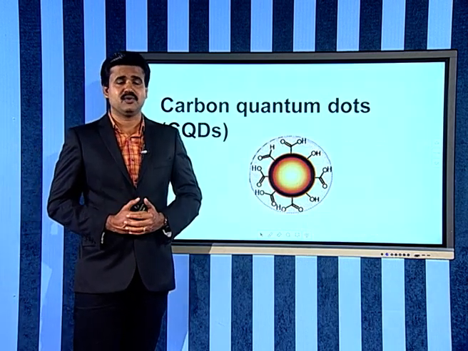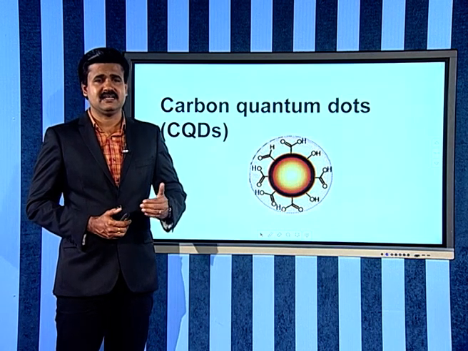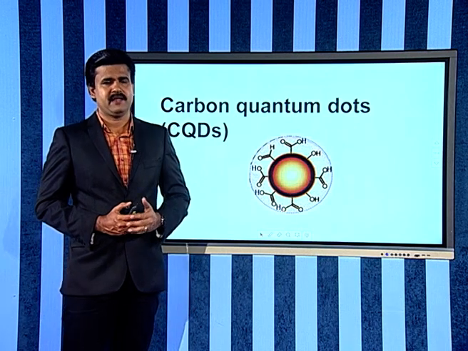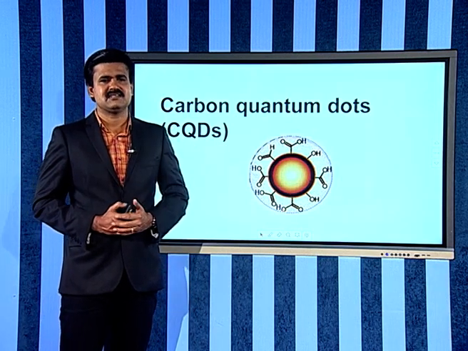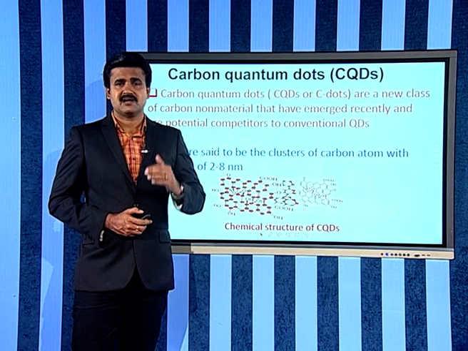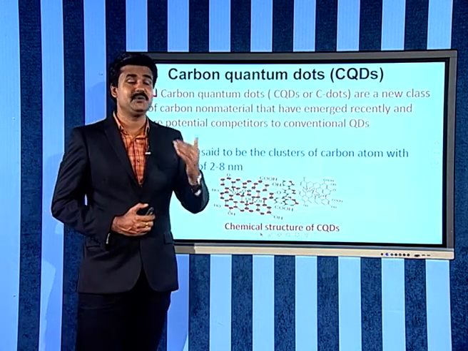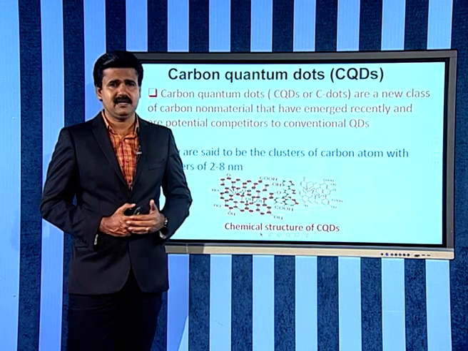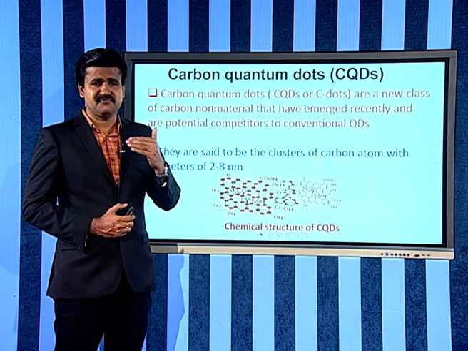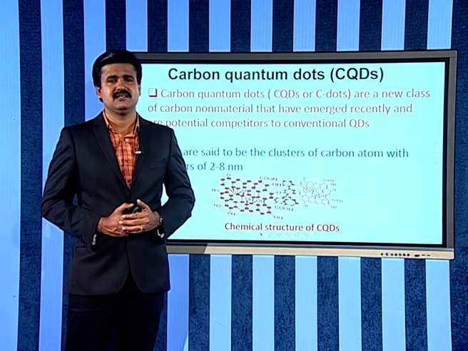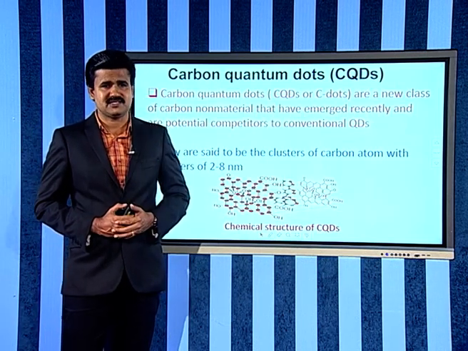Another category of carbon-based nanomaterial is carbon quantum dots, notated as CQDs. Carbon quantum dots or C dots are a new class of carbon material that have emerged very recently and are potential competitors to conventional quantum dots.